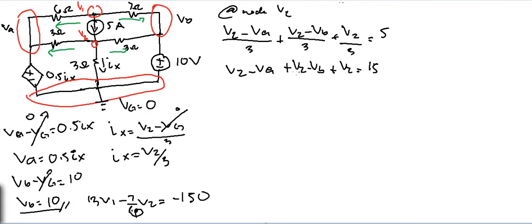Now, we have 3V2, because I collected the like terms, minus VA minus VB is equal to 15.